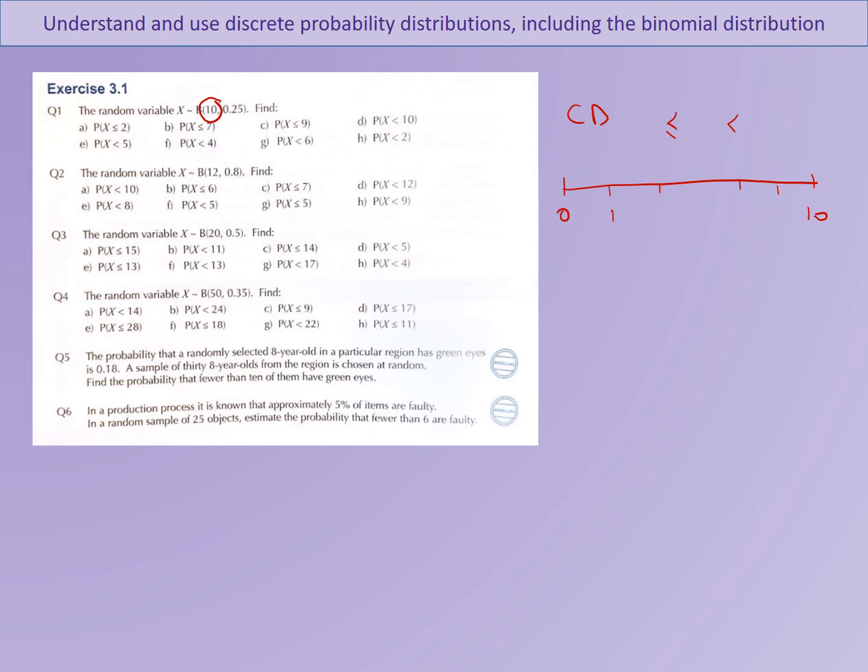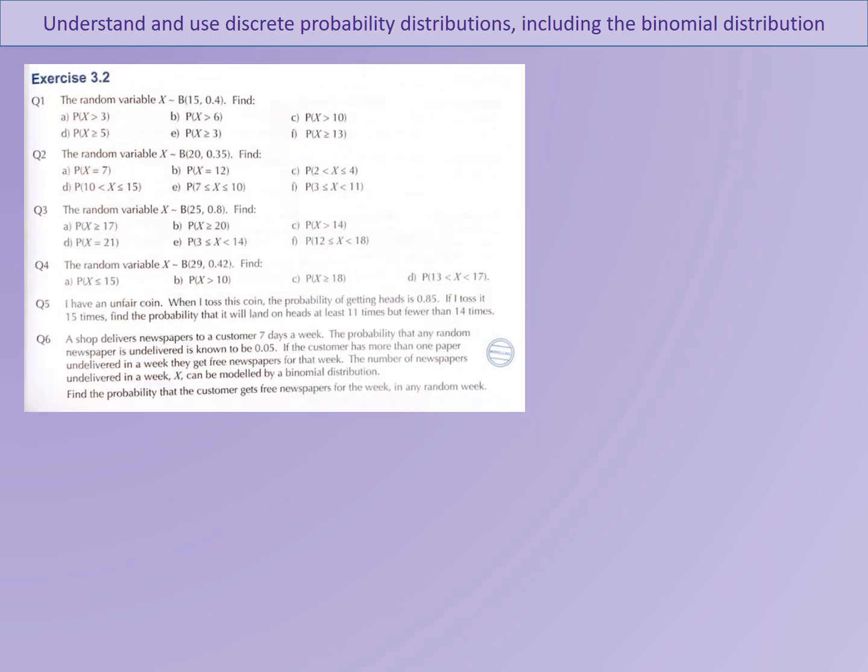So just have a think about what does it mean if you're looking for the probability that x is less than or equal to 2. That means that you want all of these 3 things, but your calculator can do a lot of these things too. The main thing here is just making sure you take a bit of time in considering whether some values are included or not included when you're working out the answers to these questions.